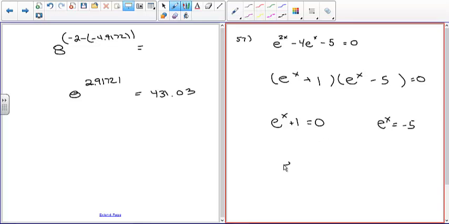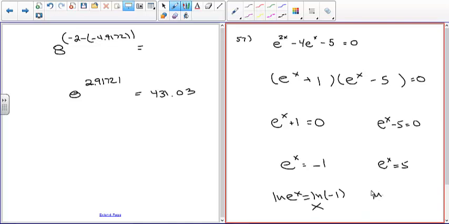So what I do is I take e to the x equals negative 1, and this is actually positive 5 here, so it's e to the x minus 5 equals 0, or e to the x equals 5. In this case, if I take the natural log of both sides, the problem here is you can't take the natural log of a negative number, so that's not going to work.